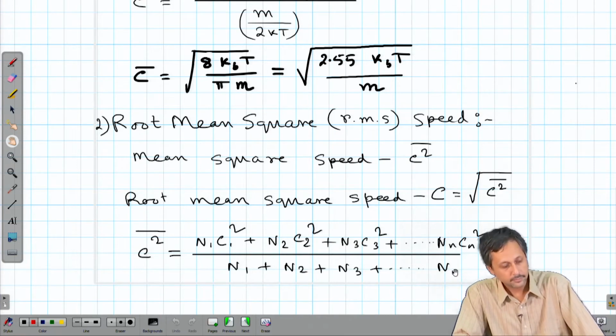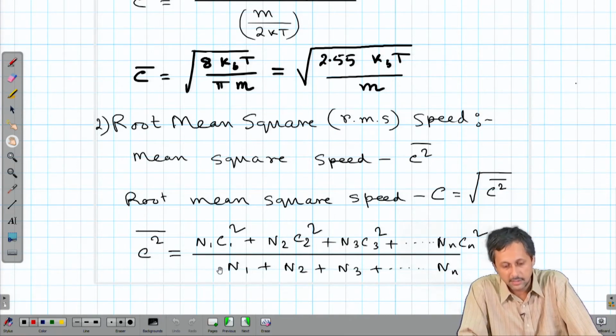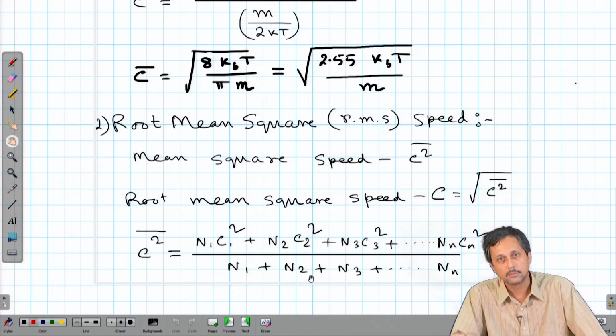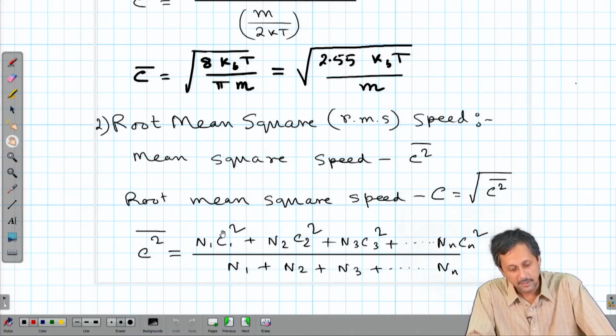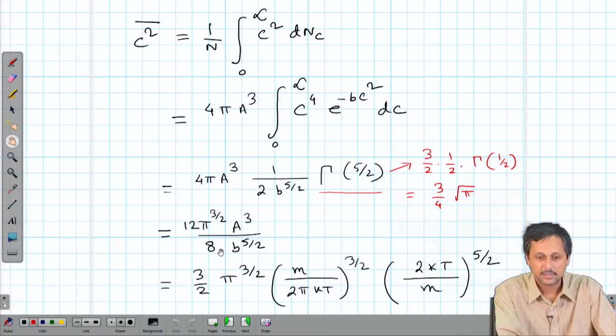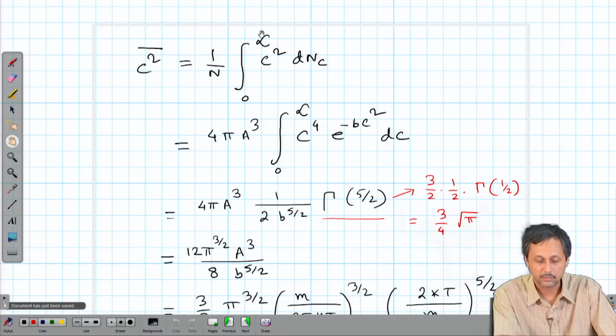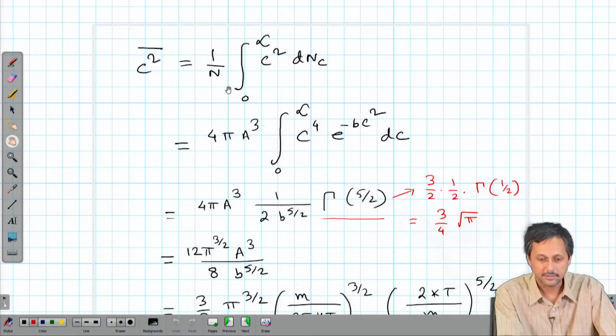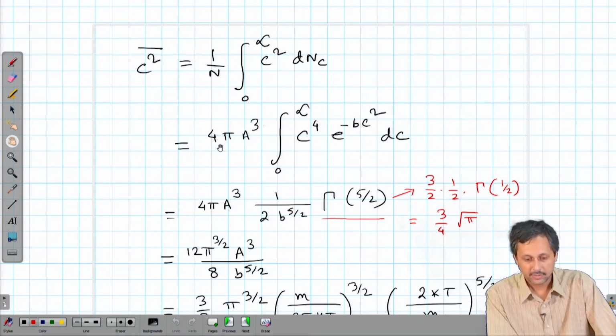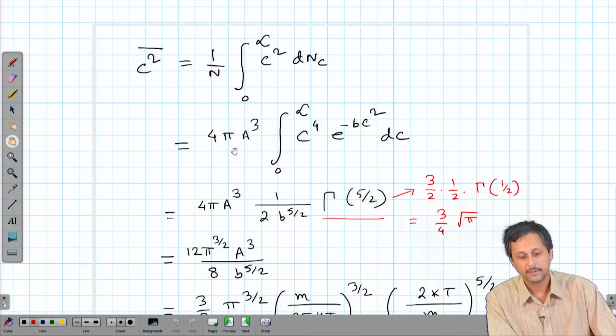Now, once again the denominator is nothing but the total number of particles, that is capital N, and the numerator is the integration of c square dnc, right. So, the integration as numerator is c squared dnc, integration 0 to infinity, and the denominator is this one. Once again we compute this integral in terms of a and b at present.